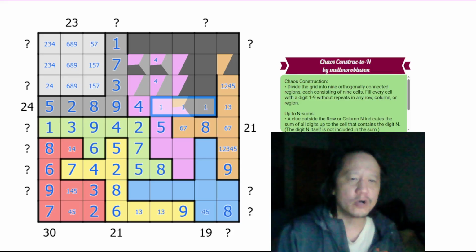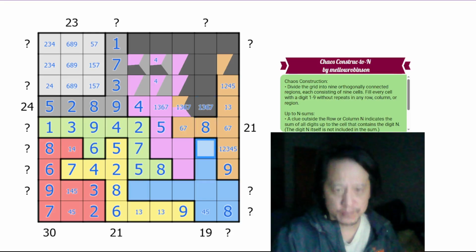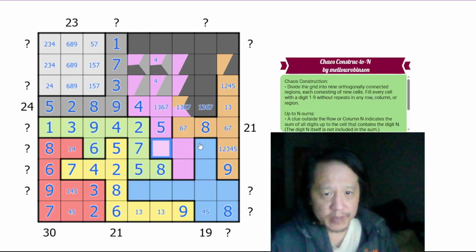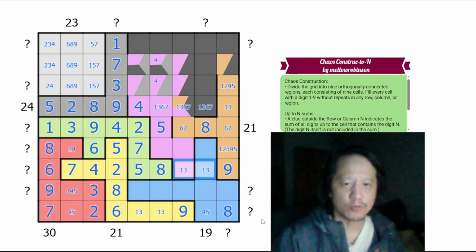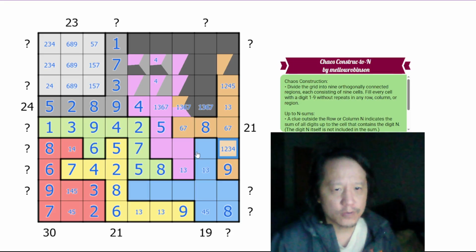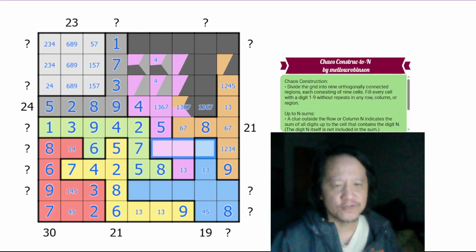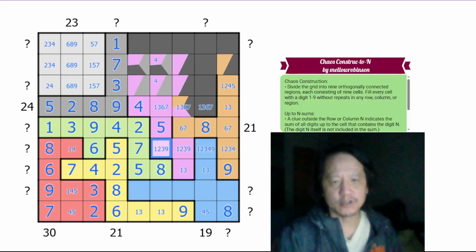We have 1, 3, 6, and 7. Okay. Remaining digits in row 7 are 1 and 3. Okay, this 5 eliminates 5 here. Remaining digits in row 6 are 1 through 4 and 9. 4 obviously cannot be in the pink region.